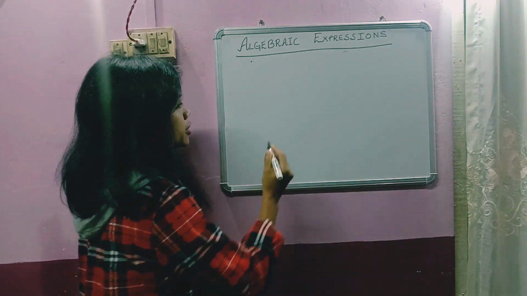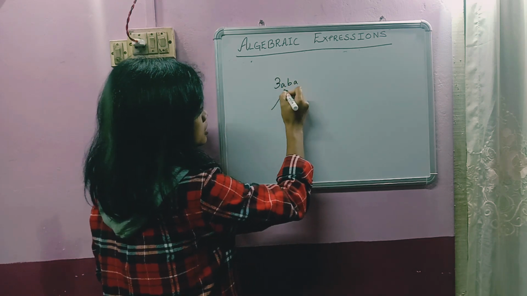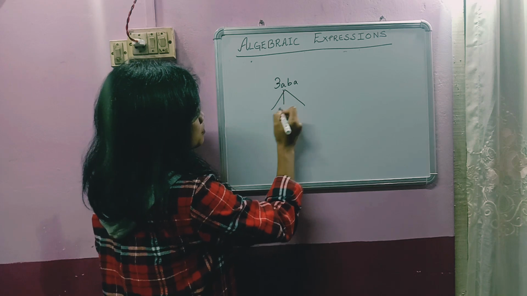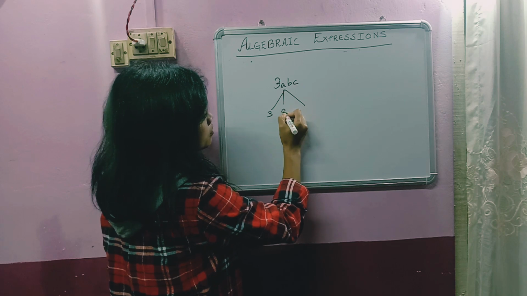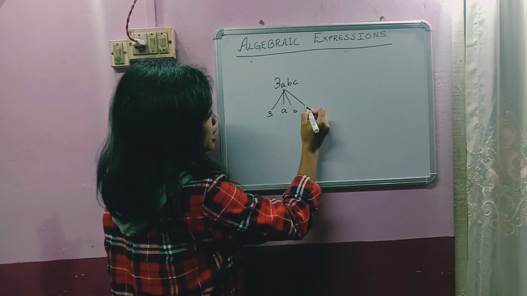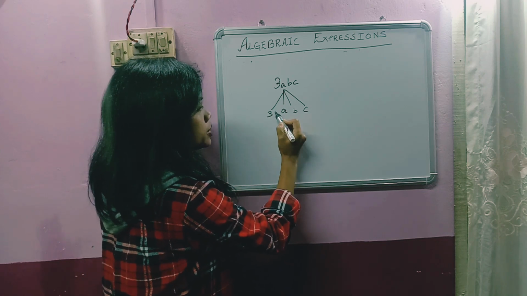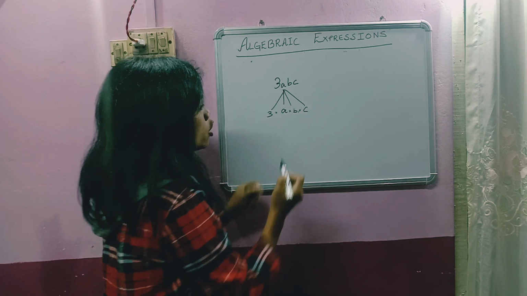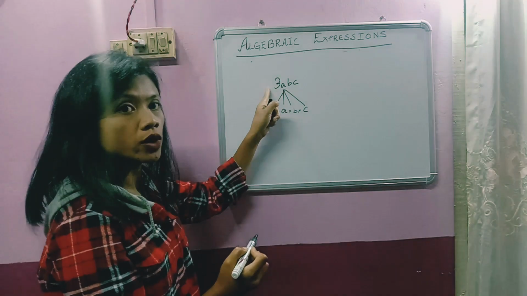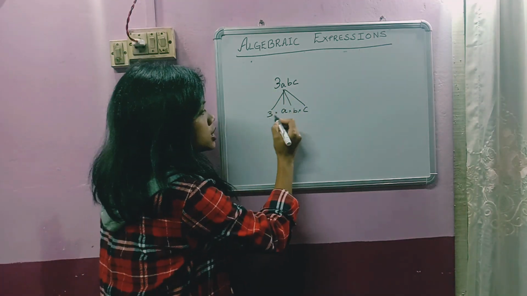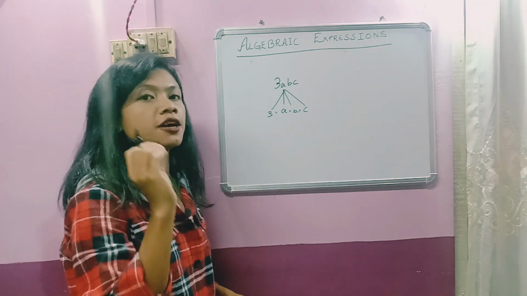For example, if I give you 3ABC, this becomes 3, A, B, and C, which means 3 into A into B into C will give you 3ABC. You multiply all these and then you will get 3ABC. So all these, 3, A, B, and C, are known as the factors.